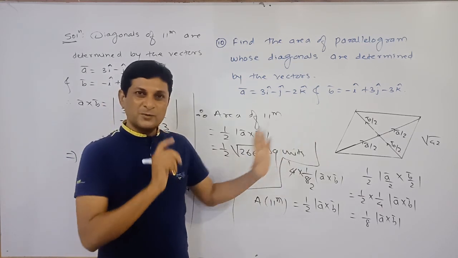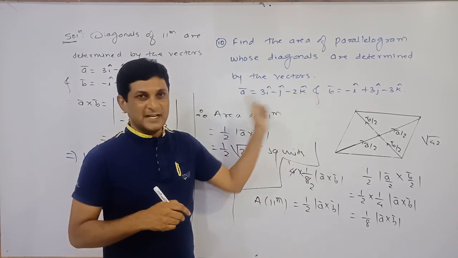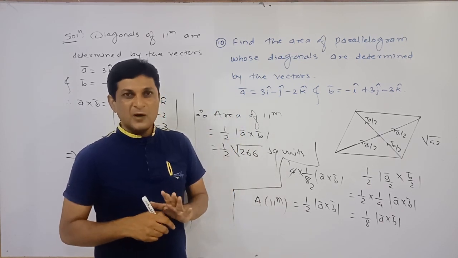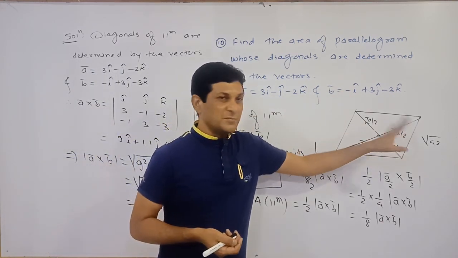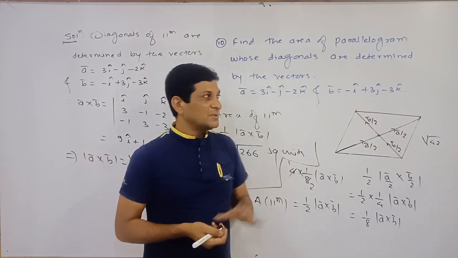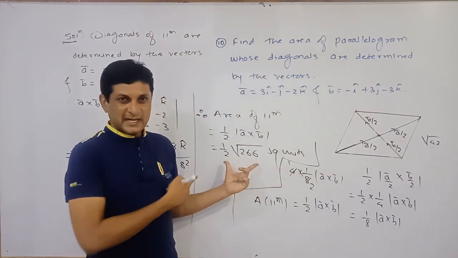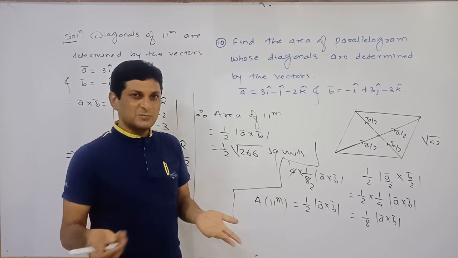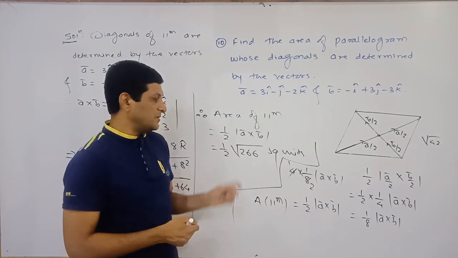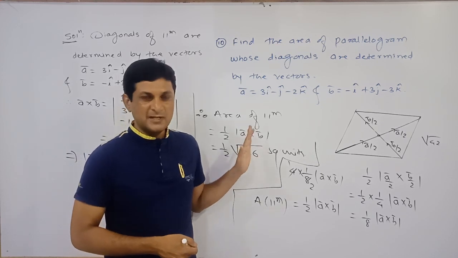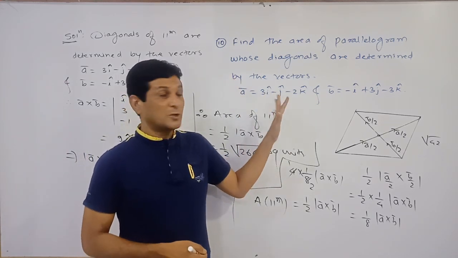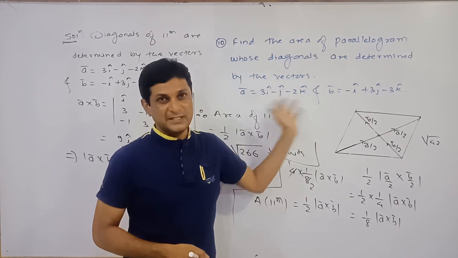If square root 42 is the correct answer, then definitely there is a correction needed in the example. Or if the example is correct, then there is a mistake in the answer. After solving this 3-4 times also, we are getting the same result; you can also try it yourself. Half square root 266 will be the required area of this parallelogram according to these given values.